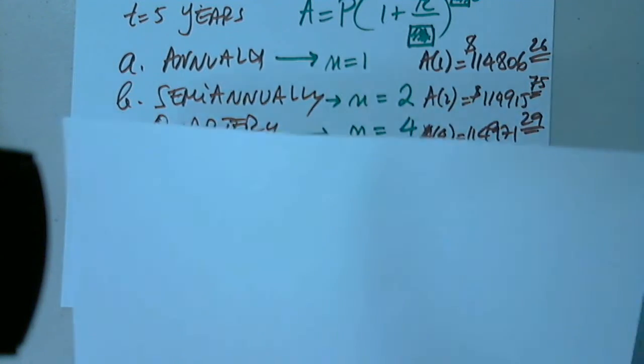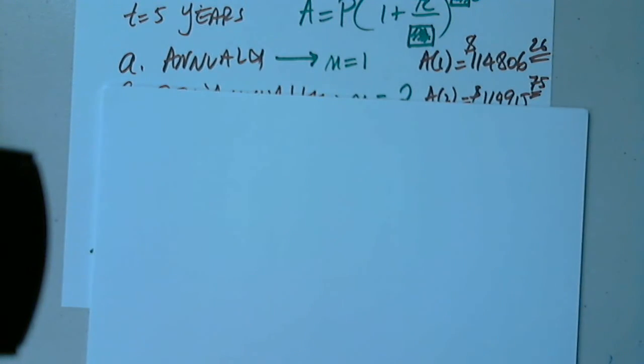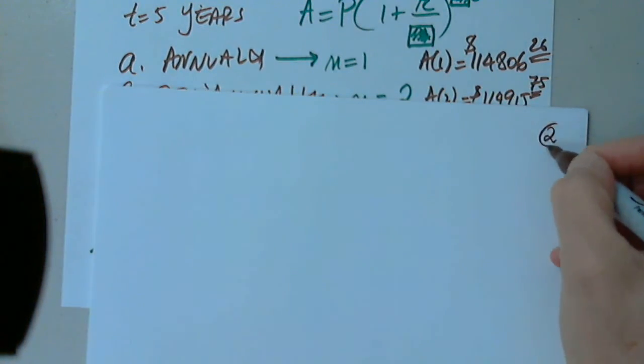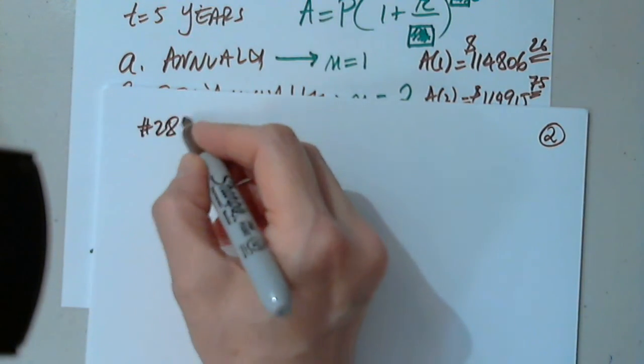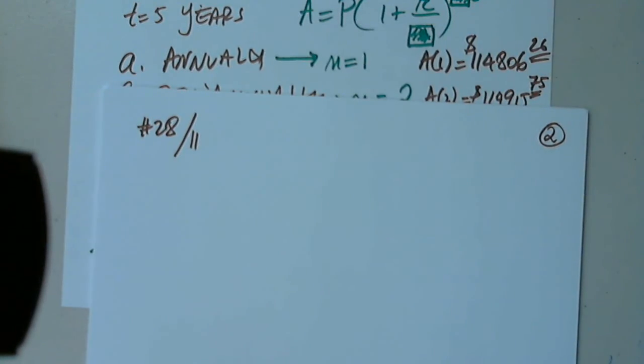So the other thing I was going to look at is problem 28, also on page 11. So let's take a look at it. Okay, so we're given just at least part A and part B, or maybe just A, doesn't matter. So use the model.